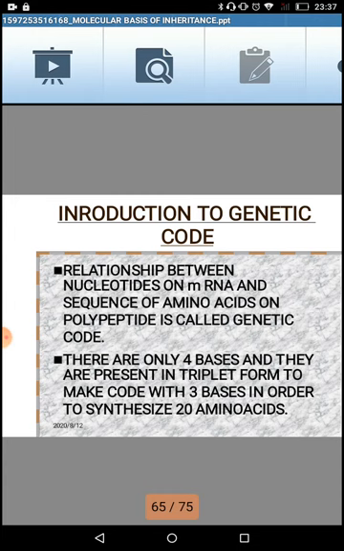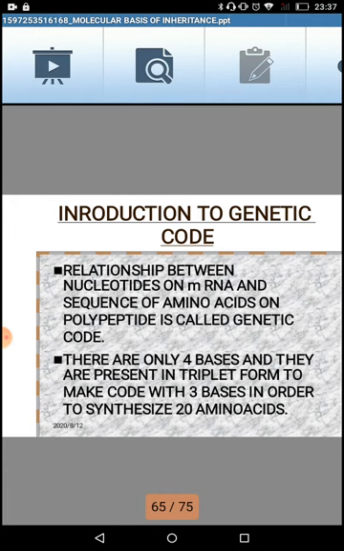Second point, there are only 4 bases that we all know: adenine, guanine, cytosine and thymine. They are present in triplet form to make the code with 3 bases in order to synthesize amino acids. That means you have 3 bases and these 3 bases are present in triplet form, and these triplets together will be synthesizing amino acids.